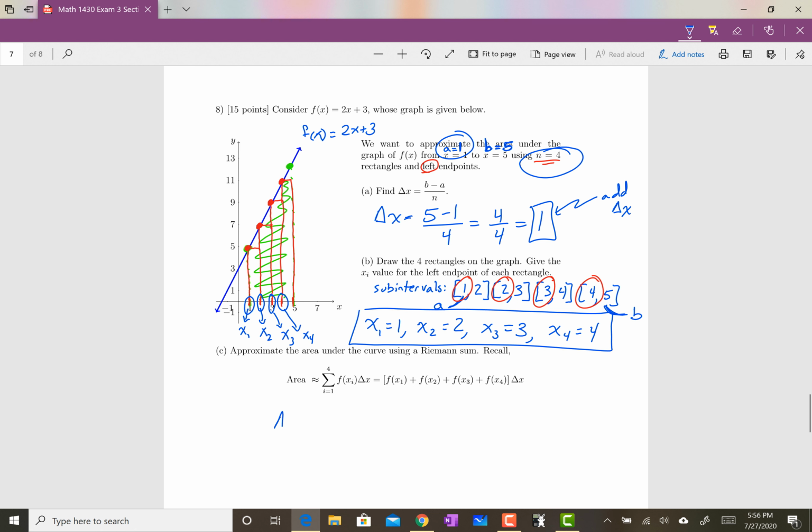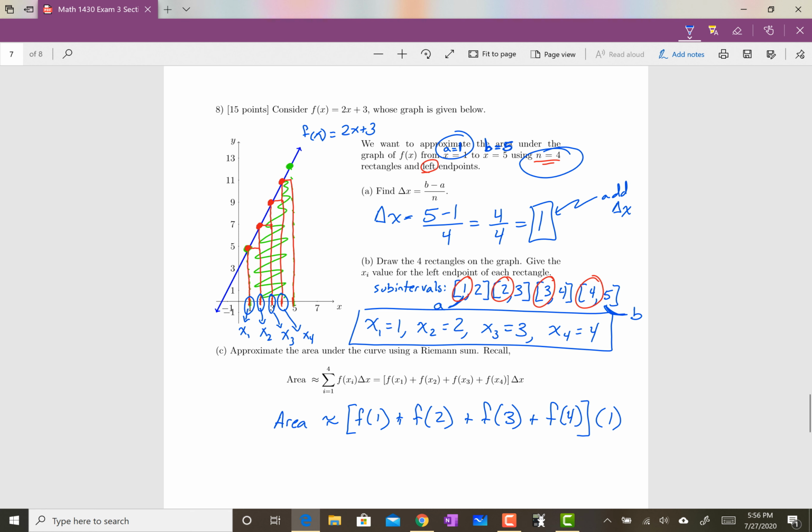It's telling us to approximate the area, and it tells us that our area is approximately, notice the parentheses here. Okay, I'll erase that, but hopefully you can still see them. The parentheses are going to go around f of x sub 1. x sub 1 is 1, plus f of x sub 2, which was 2, plus f of x sub 3, which is 3, f of x sub 4, which is 4, and I'm going to multiply all of that by delta x, but delta x was just 1.